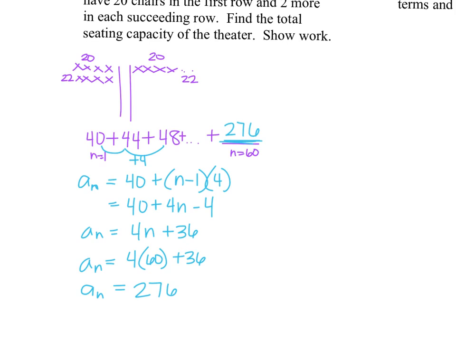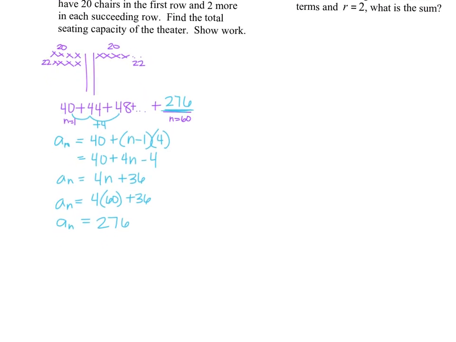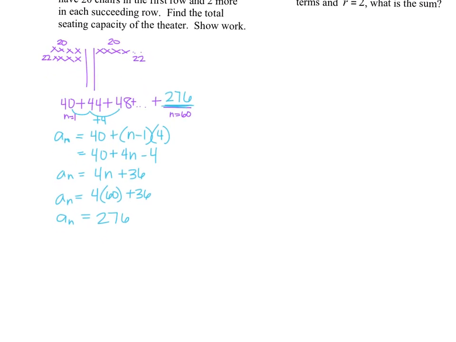We're trying to figure out what is the sum of all of the seats. So the last row has 276 seats, but the sum of them all, you need to use the sum formula. This is an arithmetic series, right? We're adding each time.